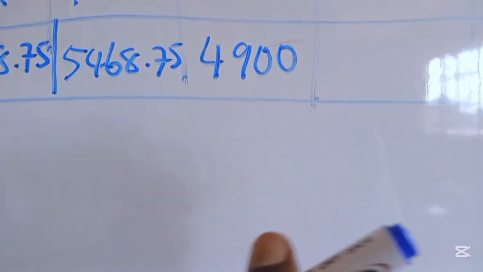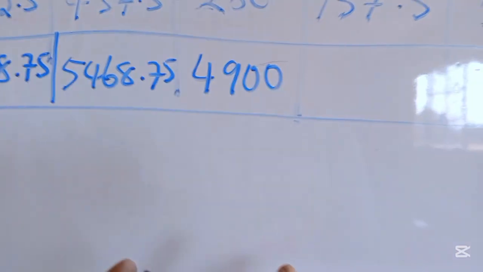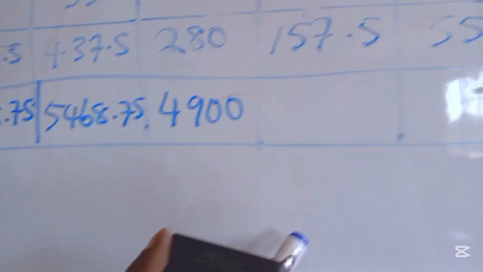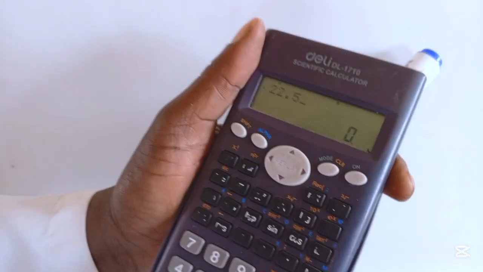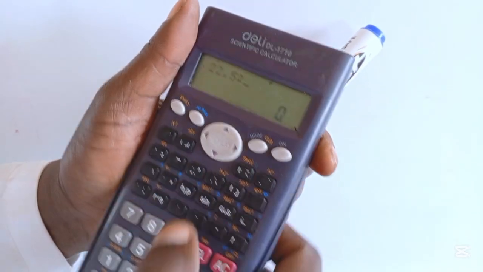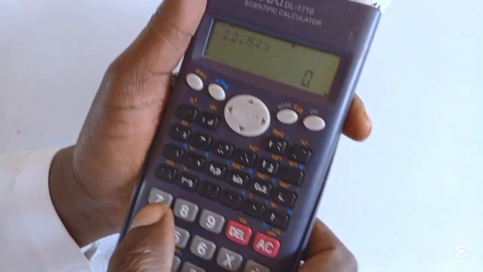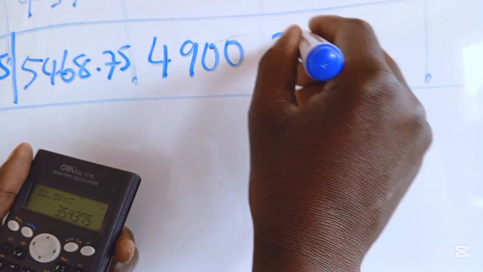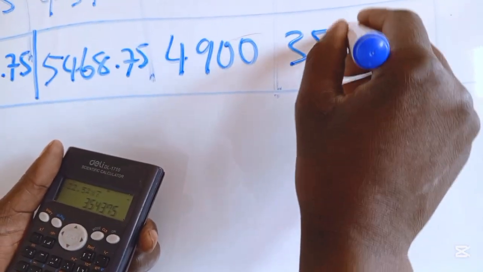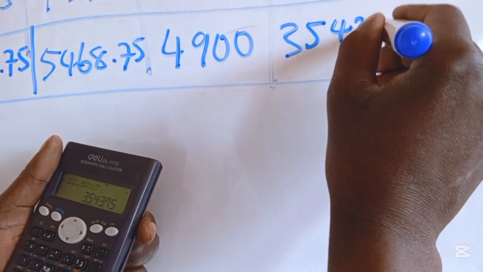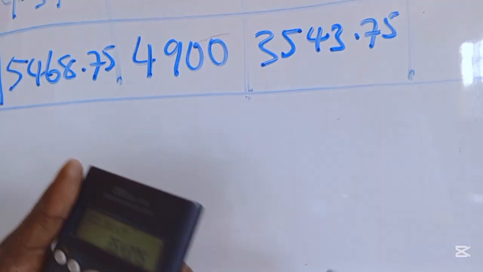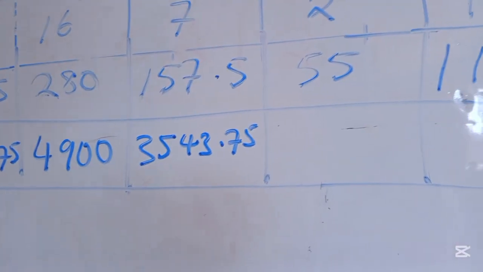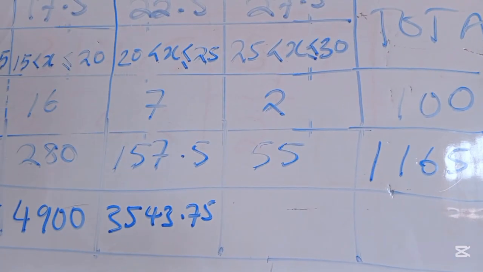So you continue, then you say 22.5 squared multiplied by 7. You get something like 3543.75.